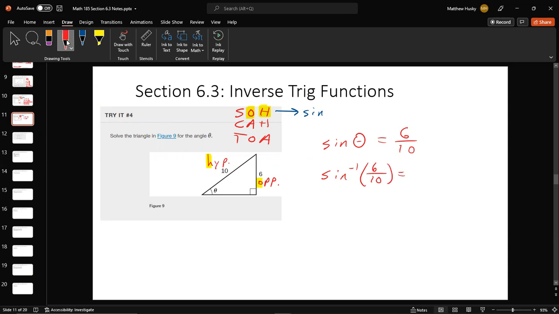Sine inverse of 6 divided by 10 is approximately 36.87 degrees. That is the value of theta. If you do it in radians, we'll switch this calculator back to radian mode. And that's the same as 0.6435 radians.